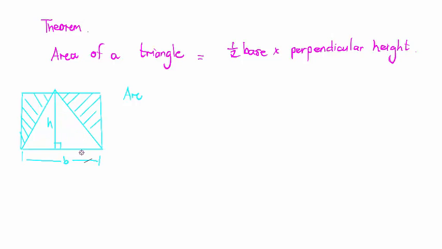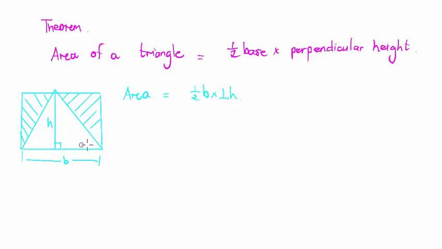So the area must be the same. And these two's area must be the same. So if all in all the area is length times breadth, then if I just take half of the triangles, then the area is just half of that. Okay? So the area of a triangle is then half base times perpendicular height.